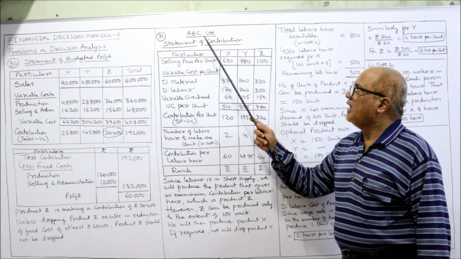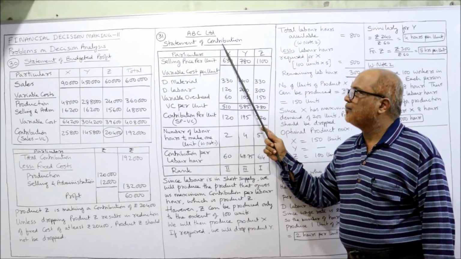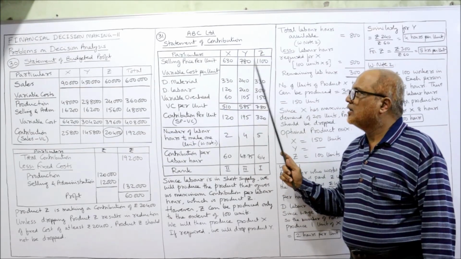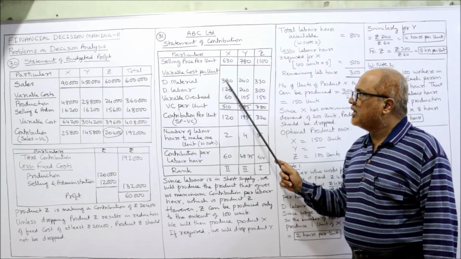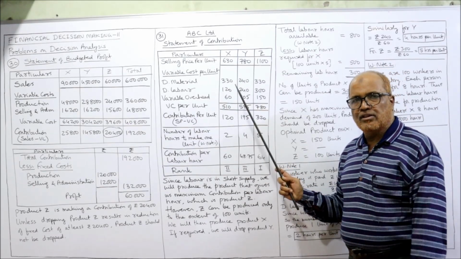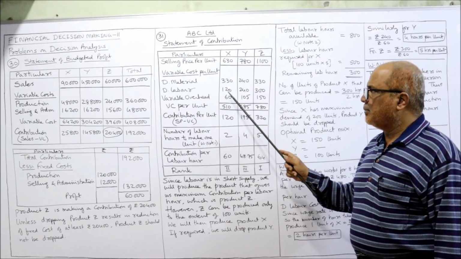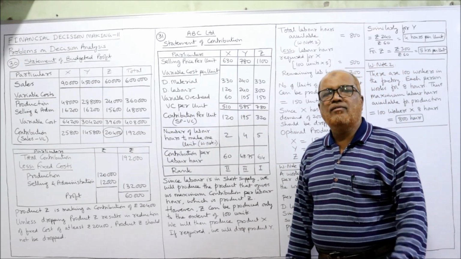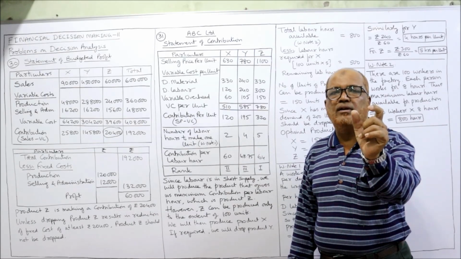Now, how to start? See carefully. ABC Limited statement of contribution. Selling price per unit for X, Y, Z, all three are given. Variable cost: direct material is whatever is given in the problem, the same I have taken. Direct labor is 120, 240, 300. For variable overhead, we have taken 50% of total overhead.